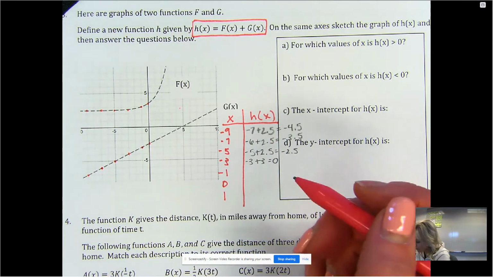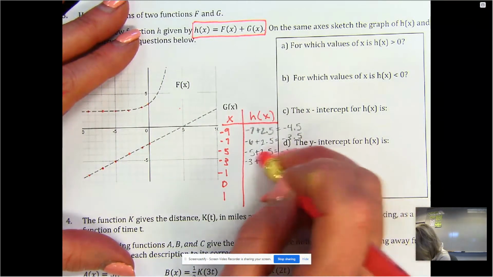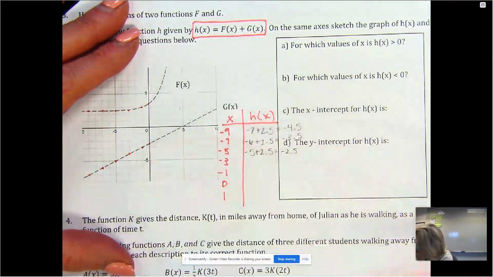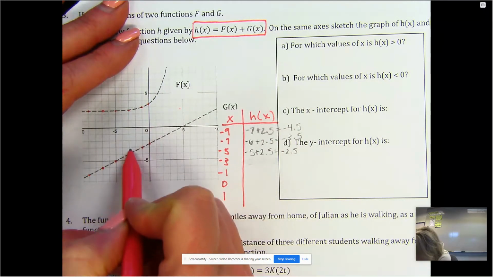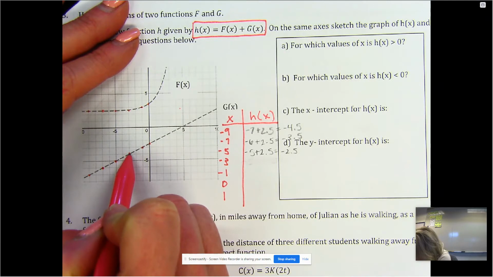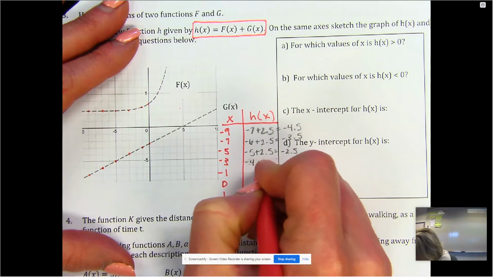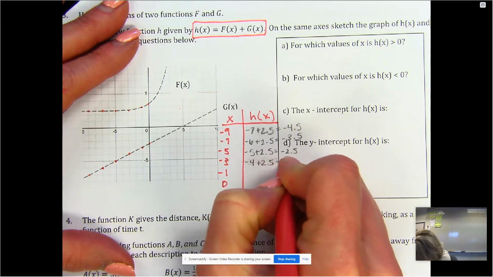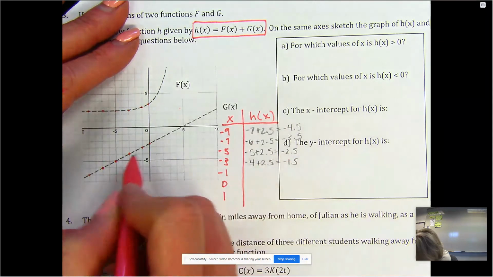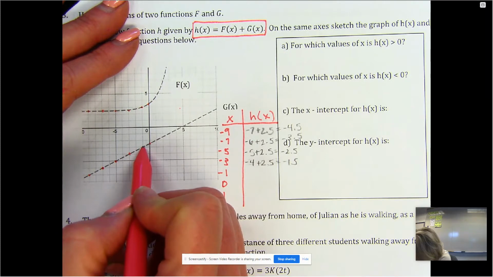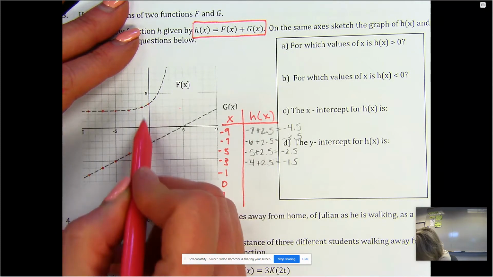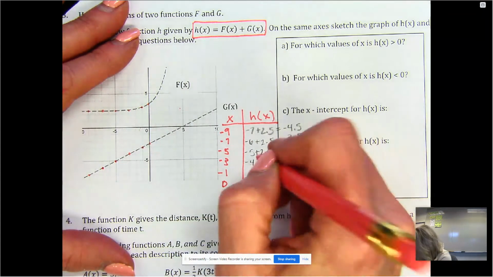Oh, wait. I went one point too far. Sorry. Here's -3. This one's at -4. That one's at 2.5 still. -4 plus 2.5 is -1.5. Then where this is at -3, this is at +3. That happens when x is -1.